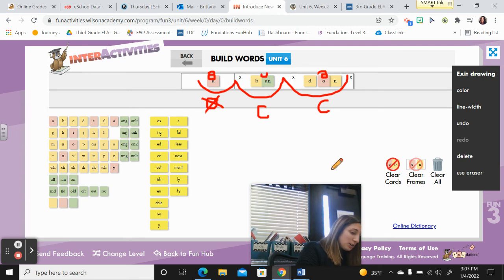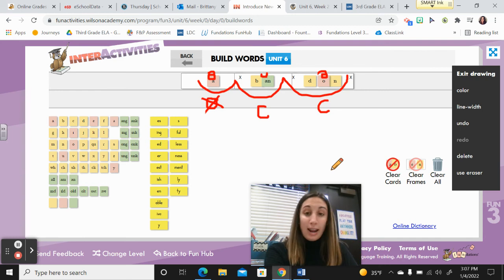The mother bird will not abandon, or leave, right? The mother bird will not abandon her eggs. Okay? The mother bird will not abandon her eggs.